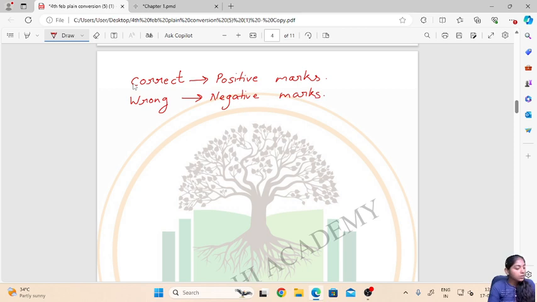So if Rina's scores in 5 successive rounds were 30, -10, 20, -15 and 15. So this Rina has answered 5 rounds of some competitive exam, and her scores in all the respective rounds were 30, -10, 20, -15 and 15.